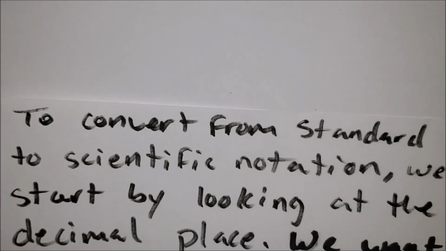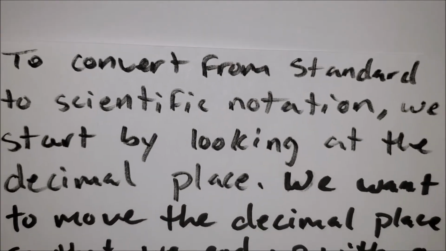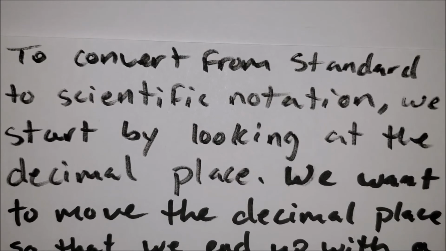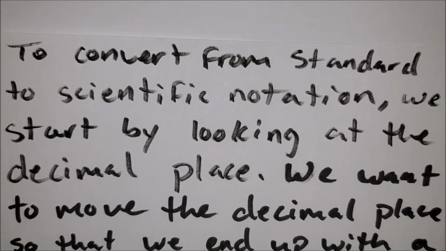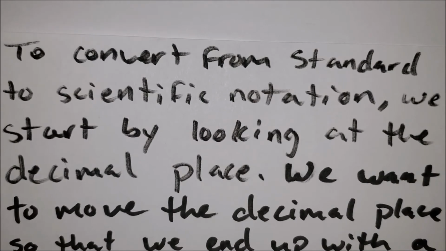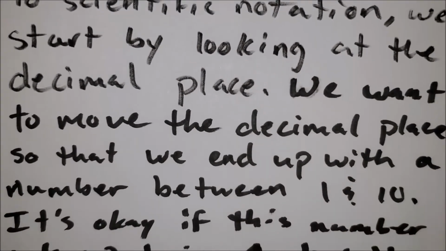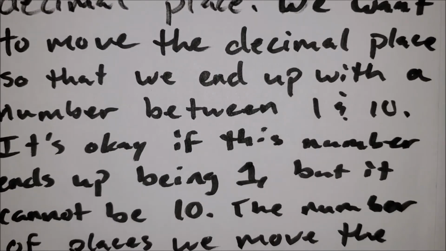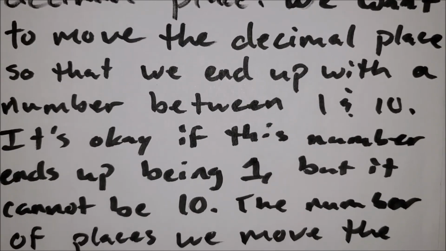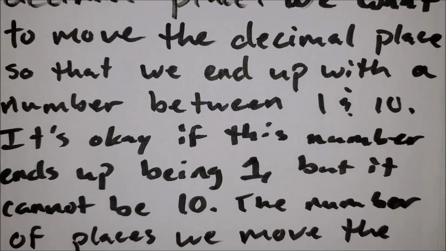And on the topic of changing to scientific notation from standard, let's talk about how to convert from standard notation to scientific notation. To do so, we start by looking at the decimal place. We want to move the decimal place so that we end up with a number between 1 and 10. Once again, it's okay for that number to be 1, but it cannot be 10 or more.